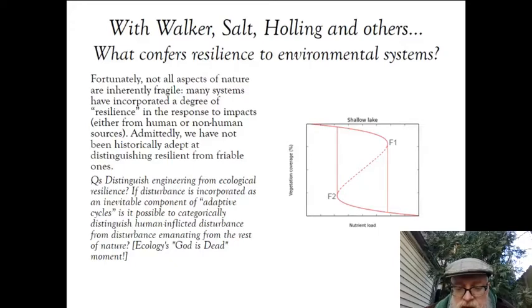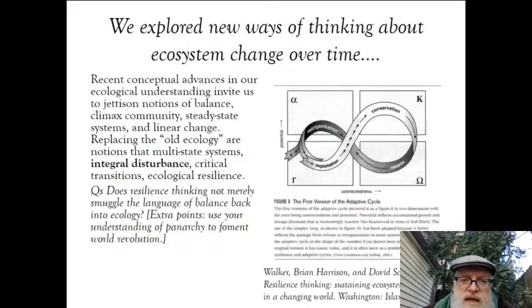So now a relevant question for us is to think about how we can either utilize systems in a way that is not going to increase their fragility or reduce their resilience with a potentially catastrophic change, or else in those circumstances where we have to or feel obliged to or want to exploit an environmental system, how does one do it in a way that does not result in catastrophic change?